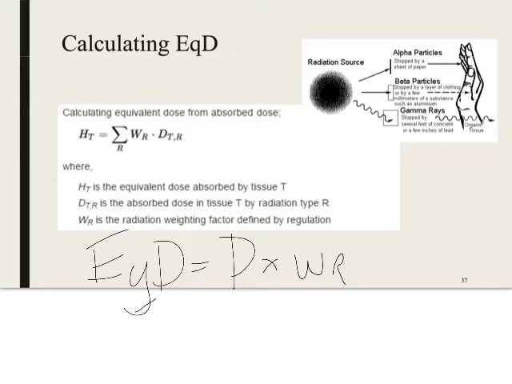So let's say an astronaut was exposed to so many gamma rays and also so many alpha particles. They can sum that radiation, but then also talk about the weighting factors for those different radiation types. And that's going to give us the equivalent dose. It's going to equalize all those different types of radiation.